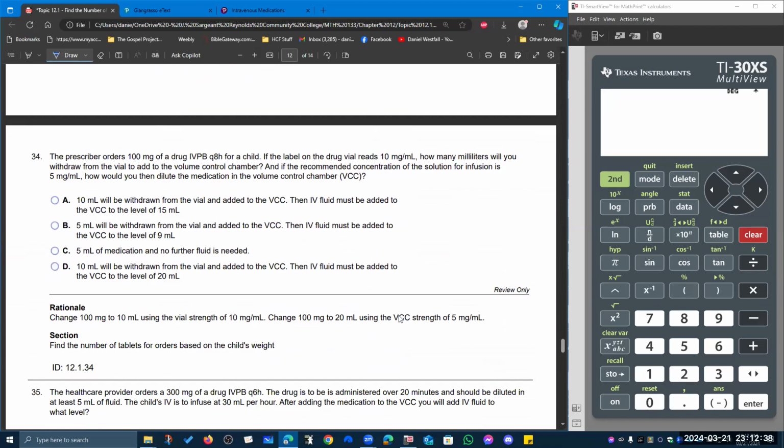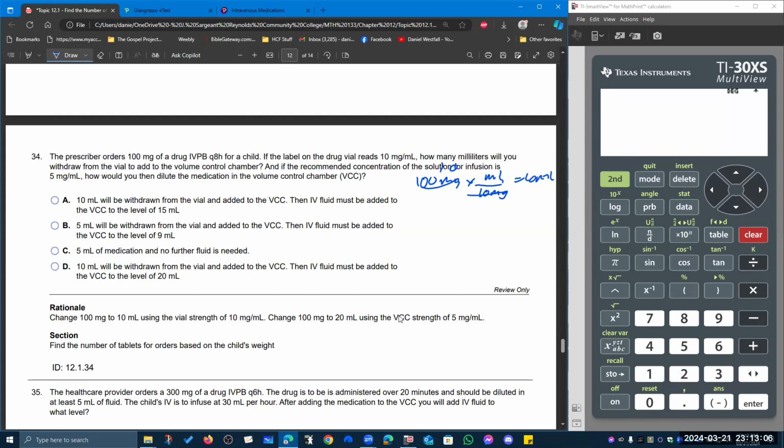Prescriber orders 100 milligrams of a drug, IV PB, every 8 hours for a child. The label reads 10 milligrams per milliliter. It's going to be 10 milliliters of the drug that gets added to the volume control chamber.